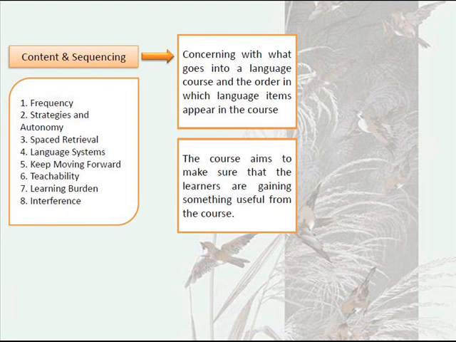And then, content and sequencing consist of 8 main points: frequency, strategies and autonomy, spaced retrieval, language system, keep moving forward, teachability, learning burden, and also interference.